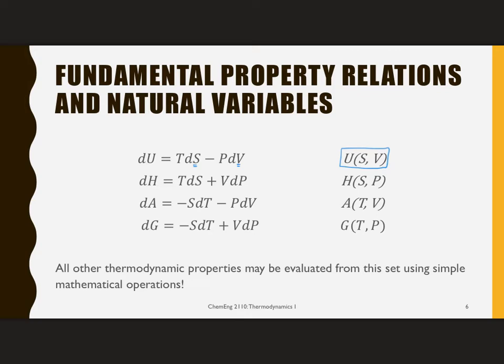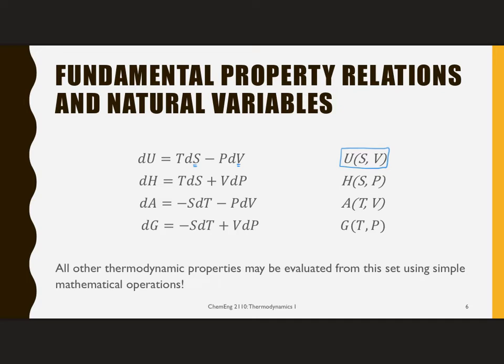Now, okay, what does this do for us? Well, we'll get to that in a few minutes. But I can also look at this and say, wait a minute, U is a function of S and V. I'm comfortable with V, but S? Ugh. And enthalpy also is a function of S and P. I really don't want something that's a function of entropy. I don't understand entropy well enough to be comfortable with that.